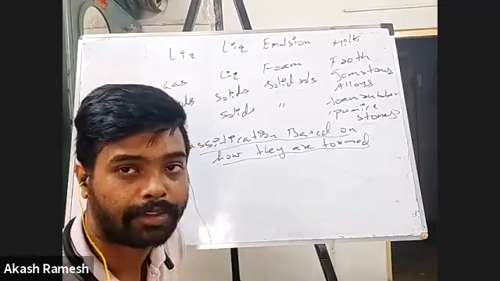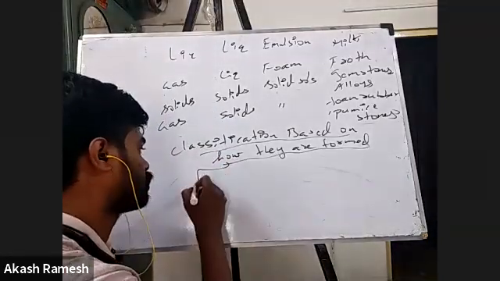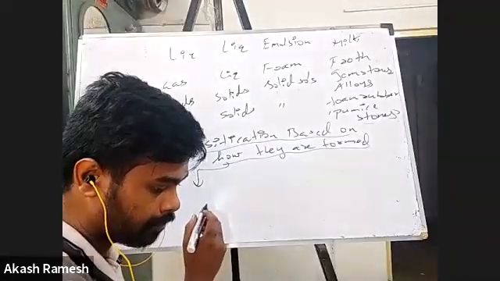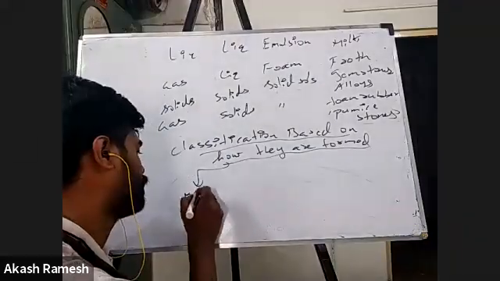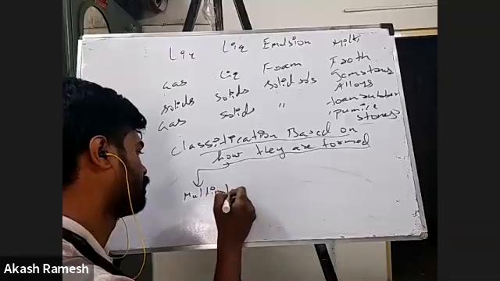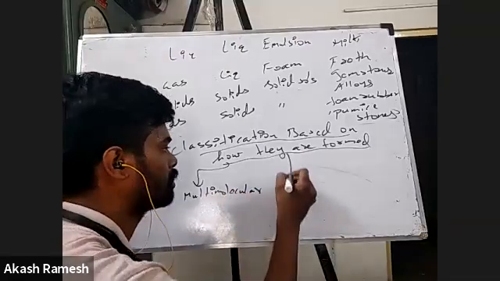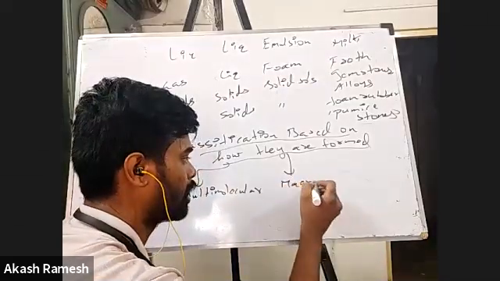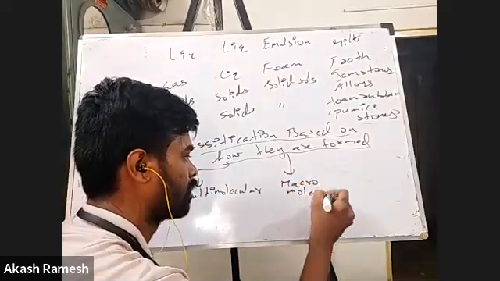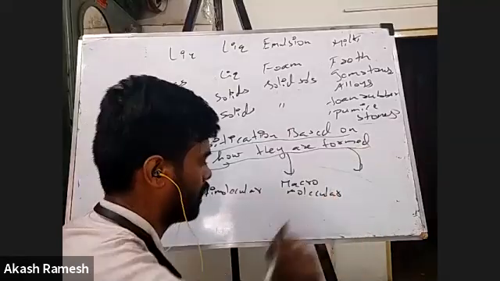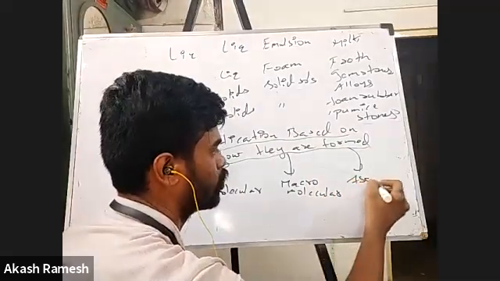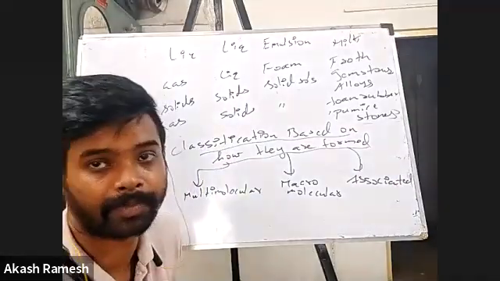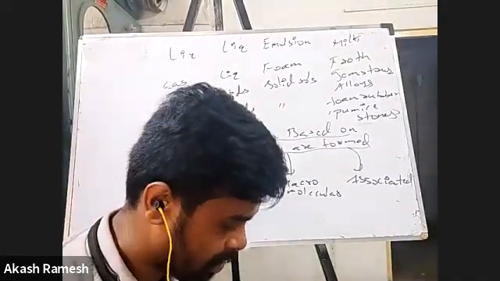So under this, I have three things, right? The first one is called multi-molecular colloids, and I have something called macromolecular colloids, and the last one is called associated colloids. Okay, right?